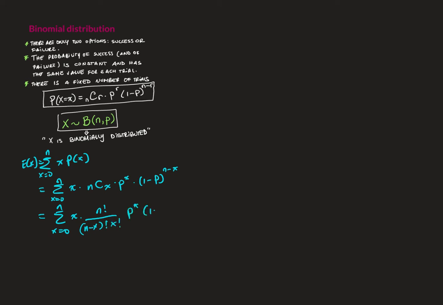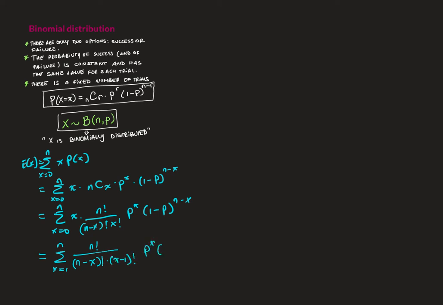And what we can do now is try to simplify the x that we have here with the x that we have in this factorial. Then the expected value is the sum from x equals 1 to n of n factorial over n minus x factorial times x minus 1 factorial.